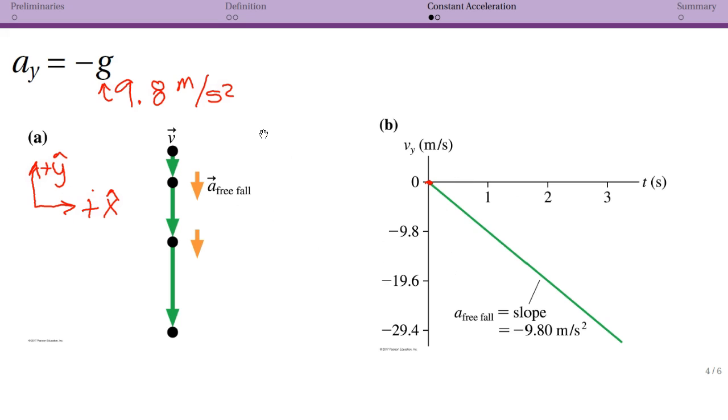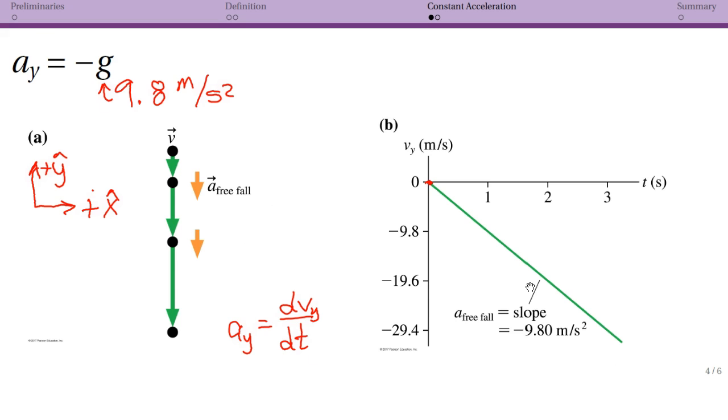So now the other thing to remember is that our acceleration is going to be equal to the derivative, and in this case I'm going to say specifically the y direction, this is dv/dt, where both our velocity and our acceleration are in the y direction. So we have derivatives here. And you can see that this has a constant slope, so our acceleration is constant, and it's negative. Our slope here is negative. So that's how all of this is consistent.